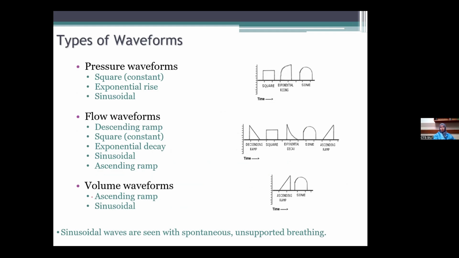If you come to the volume waveform, it is even easier. You will either see an ascending ramp or a sinusoidal wave. The flow waveforms can have five types of waveforms. The pressure waveform will have three types of waveforms, and the volume waveform will have only two types of waveforms.